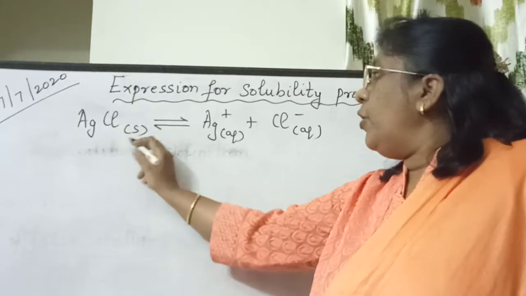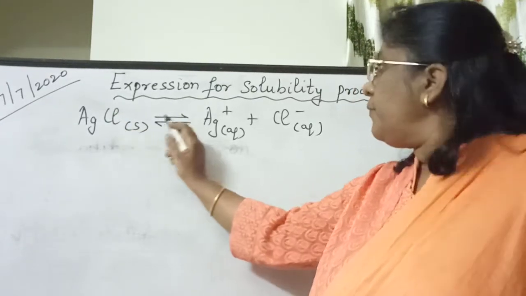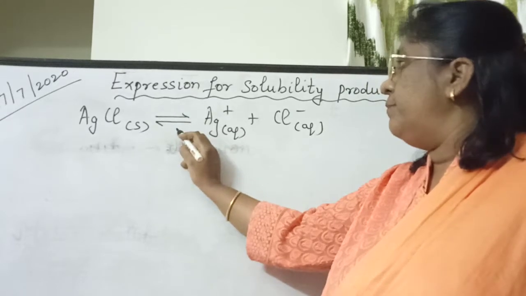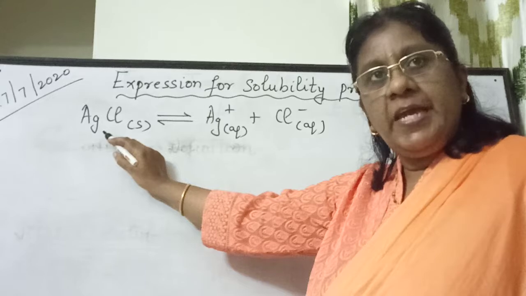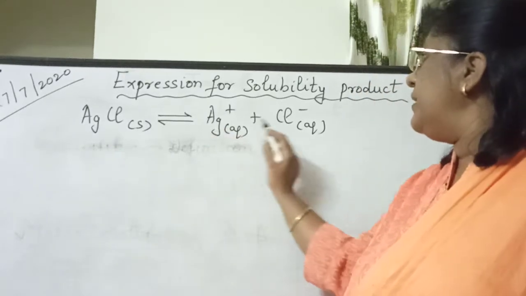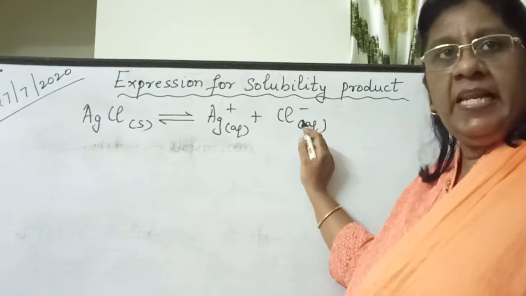Then part of it remains undissolved. So an equilibrium is produced between the undissolved salt AgCl and its dissociated ions, that is Ag plus and Cl minus.